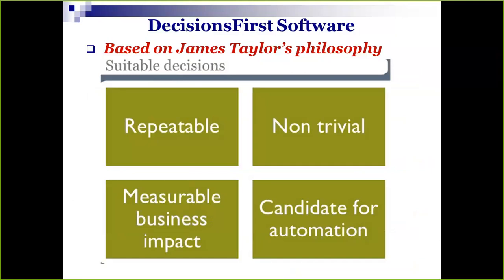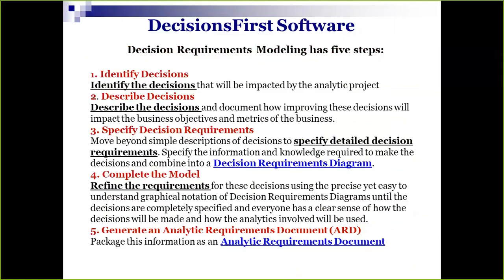So these are the ideal kinds of decisions. It's important to keep this in mind when you start looking for what decision you're going to model for your first assignment.